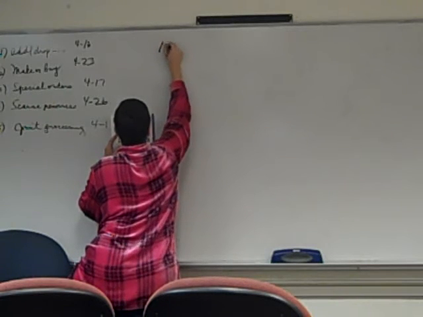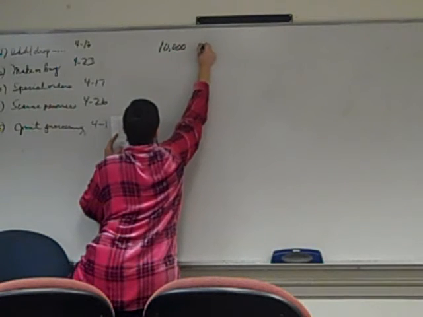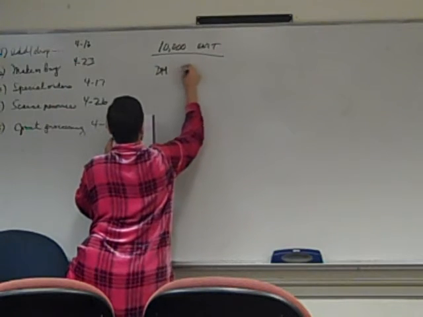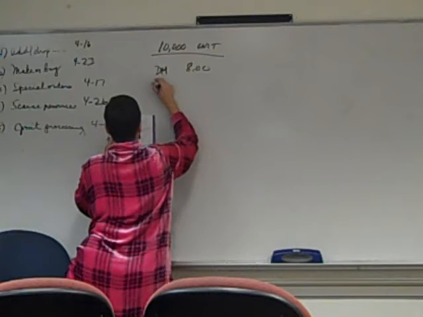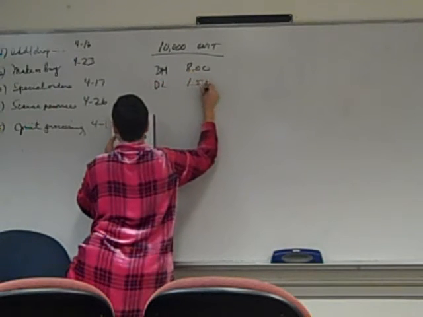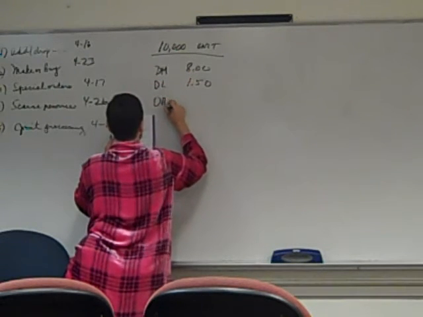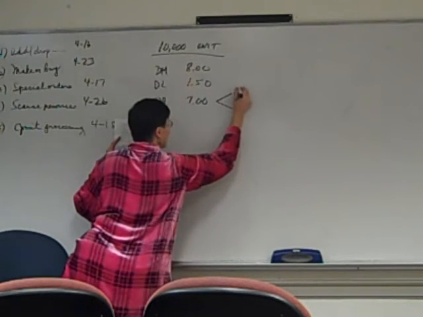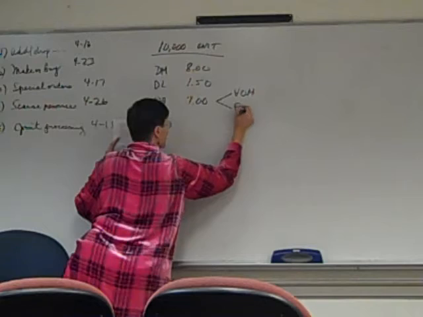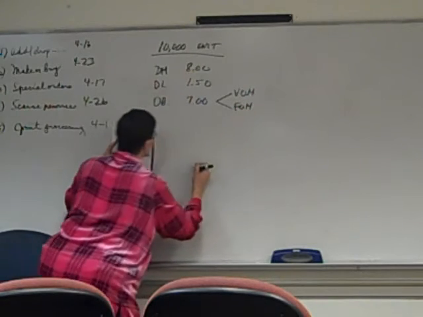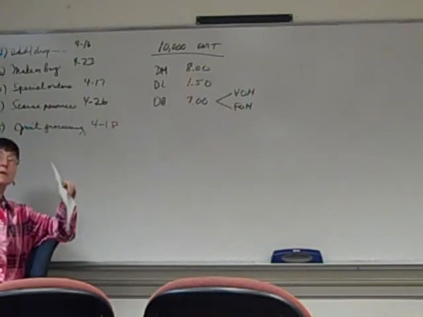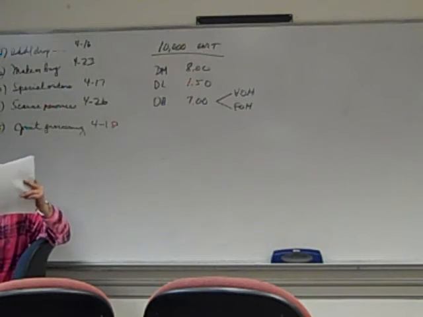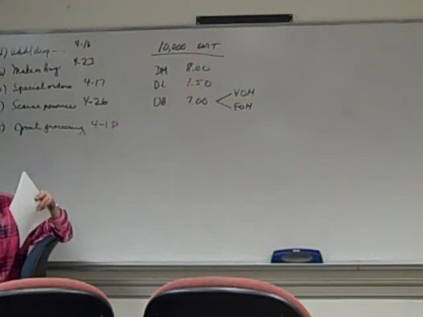On a 10,000 unit volume, our direct materials are $8, our direct labor is $1.50, and our overhead is $7. And right away, we know that has to be broken down into variable and fixed. Materials is variable, labor is variable, overhead is a combination of variable and fixed. So you have to do that if it's not given to you.